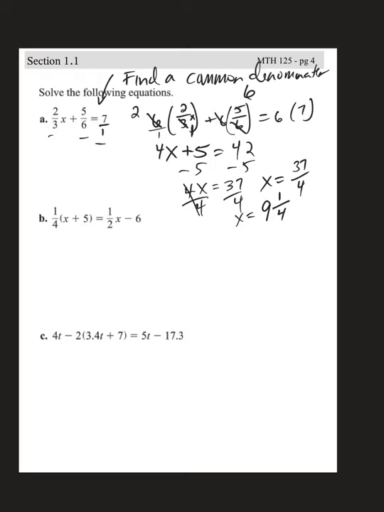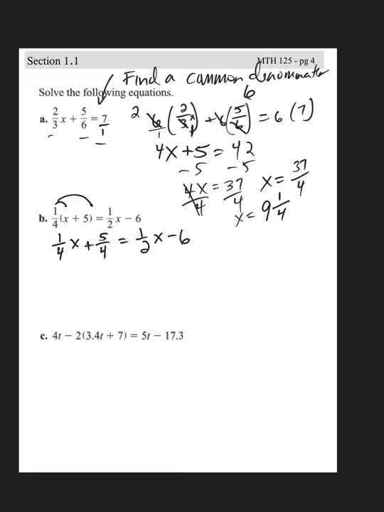Okay, so on the next question, again, we have fractions. So much fun. Maybe not. I'm going to go ahead and distribute over here. 1/4 times x looks like this. 1/4 times 5 looks like this. Then I have the 1/2 x minus 6.